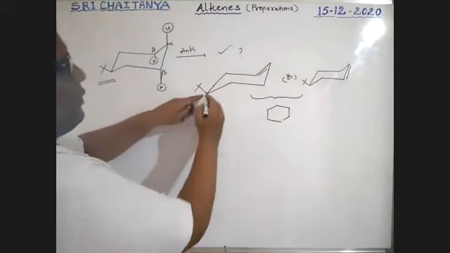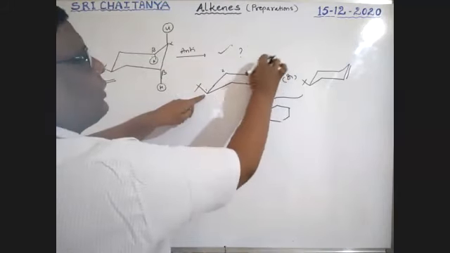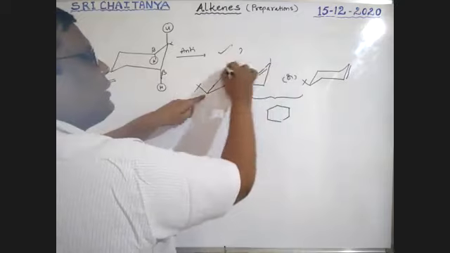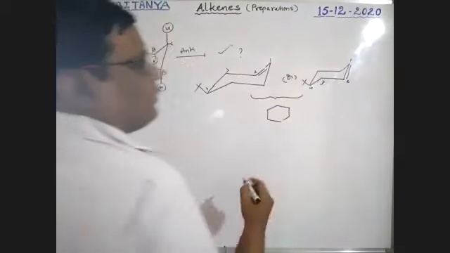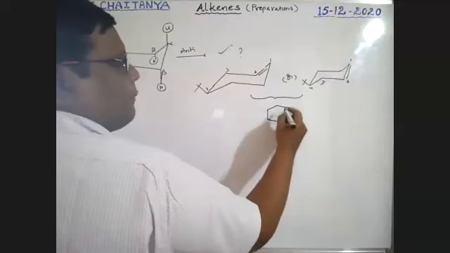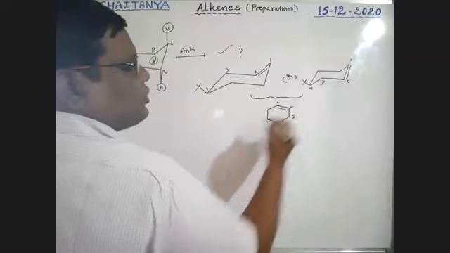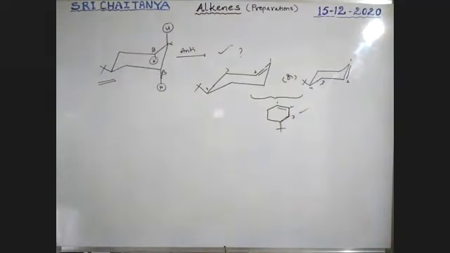See here, this is first carbon, second, third, fourth, because the double bond gets first priority. So the positions are the same here. These two are the same ene. This is the answer, boys.